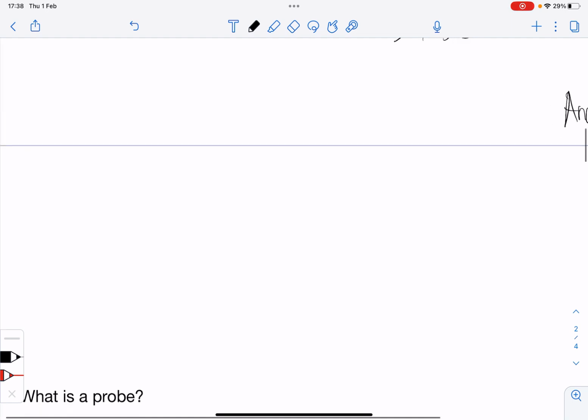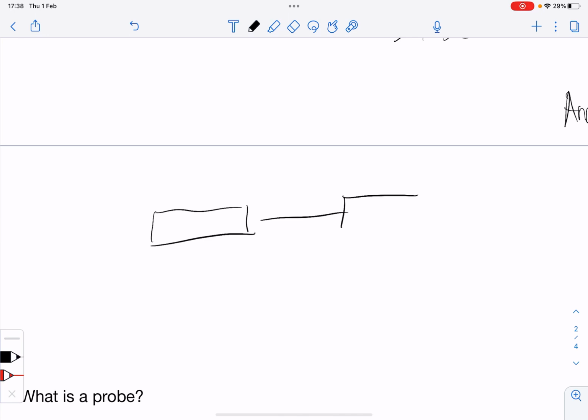As a small example here, this will be a gene.